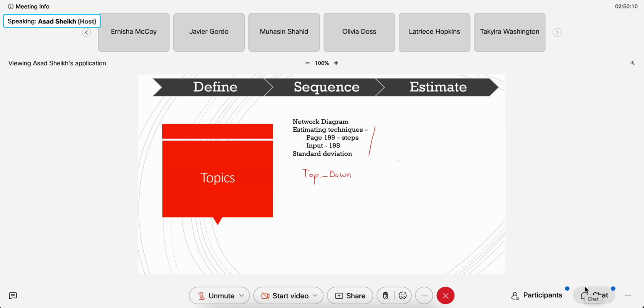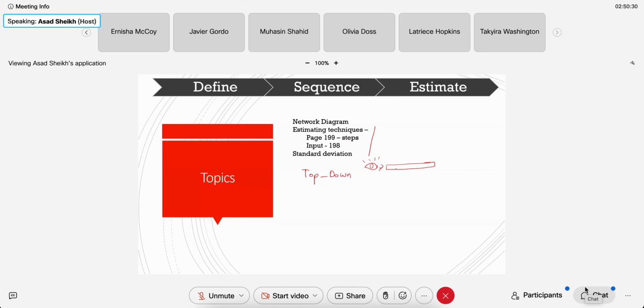When you're estimating the duration, how long will it take to complete the foundation of this house? So you're looking at the foundation and trying to estimate.